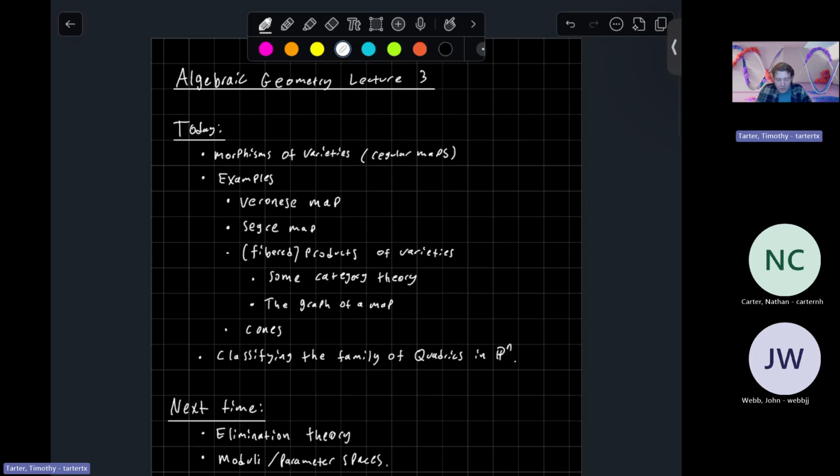And so now we're going to talk today about how regular functions relate varieties to each other. And so these are called morphisms of varieties or regular maps.